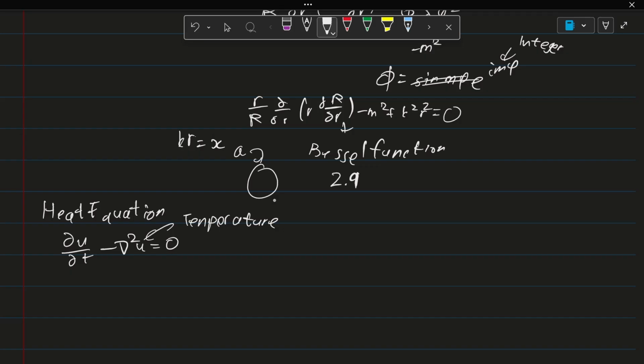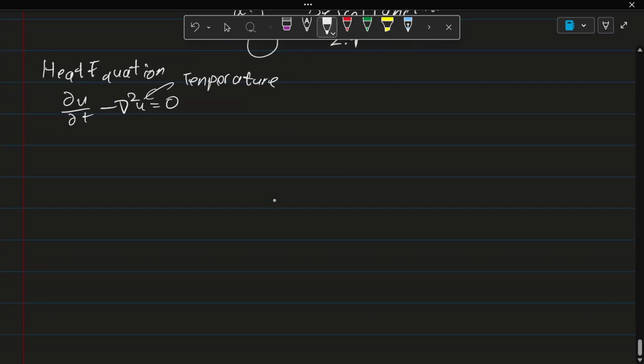The final chapter that I want to talk about is the Green's function method. The Green's function method is a very particular method for you to solve a differential equation. Let's just do an example.